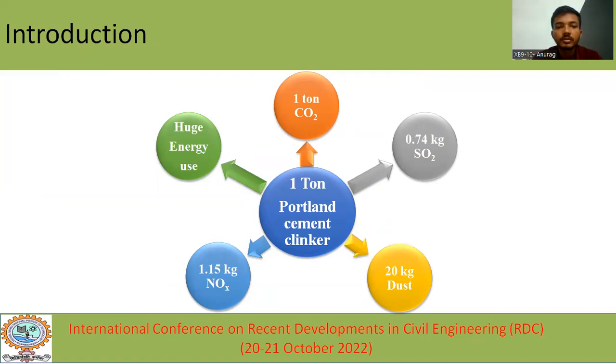A large amount of energy is also required to manufacture Portland cement because we need around 1500 degrees Celsius of temperature. All of this disturbs the environment, because approximately 1 ton of carbon dioxide is released for 1 ton of cement clinker. It is degrading the ozone layer and causing global warming.